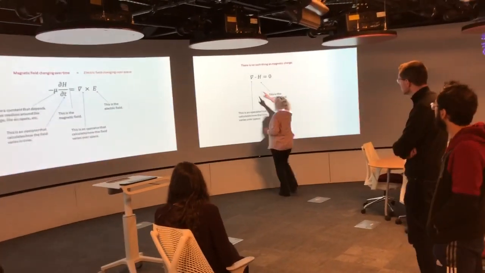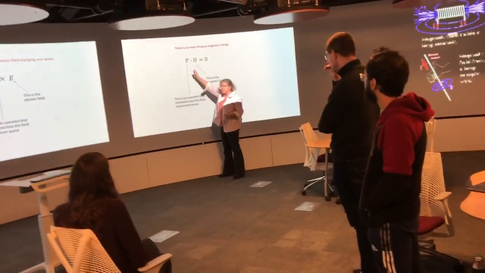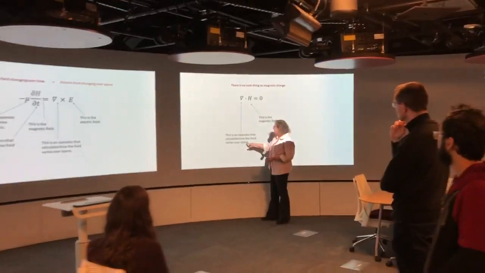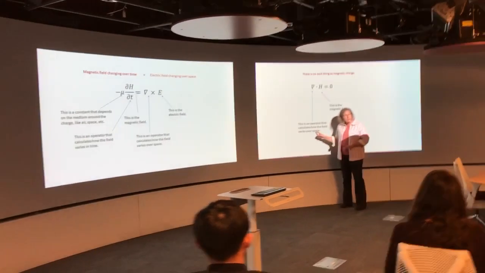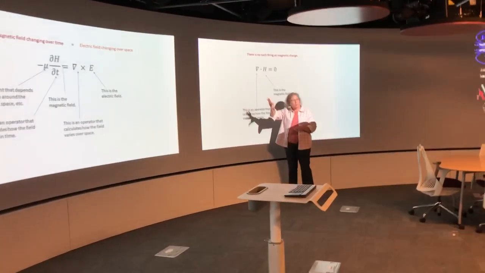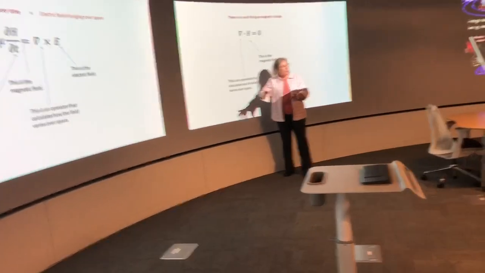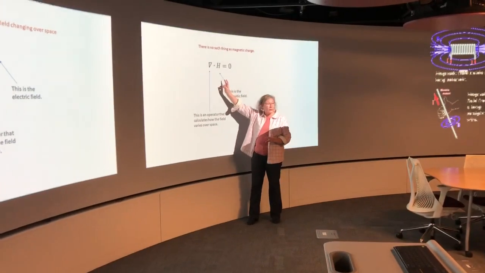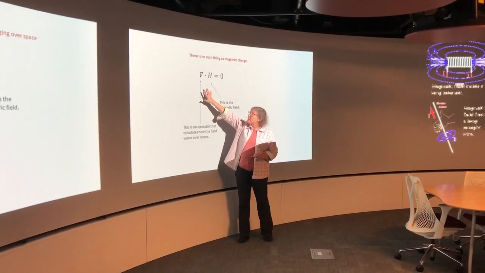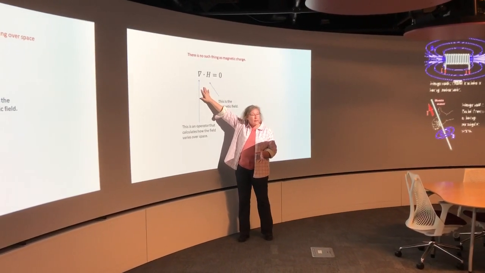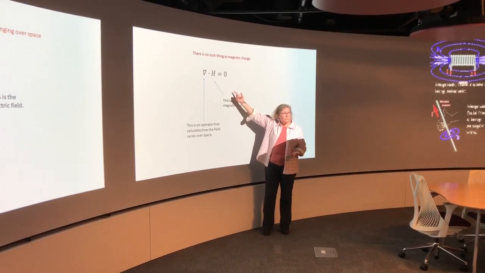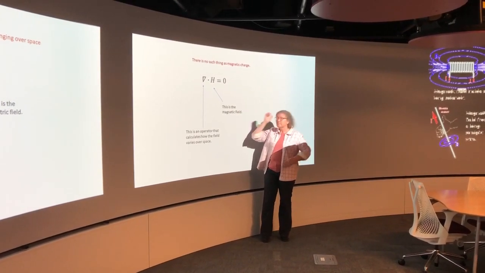So the del dot is also an operator that tells you how a field varies over space. Just a little bit different than the del cross, but this is also spatially varying. So this says that a spatially varying magnetic field gives you 0.